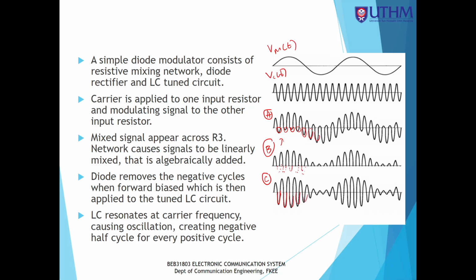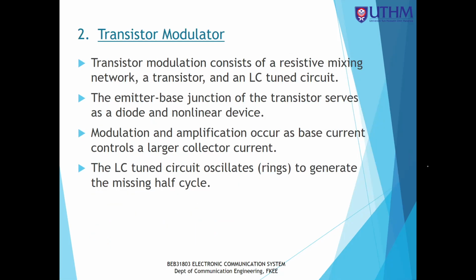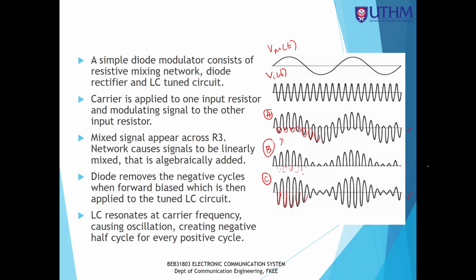Therefore we get the complete AM waveform at the output, because the LC tank circuit helps to compensate the cut off signal during the reverse bias. So the answer for the previous semester exam is this one. Draw a picture A, B, and C. That's it. Itu saja.